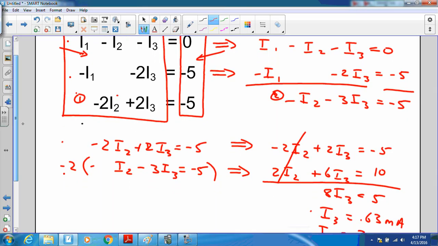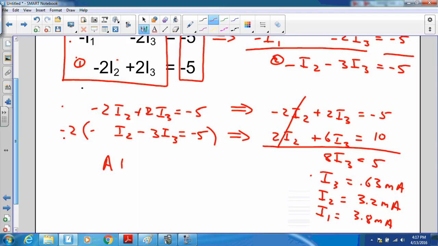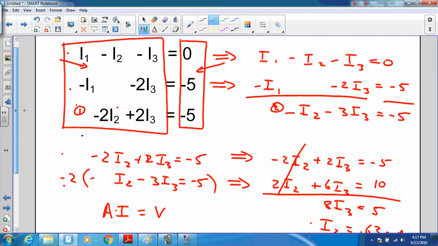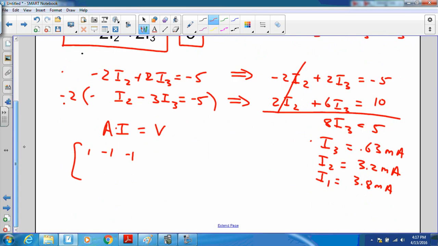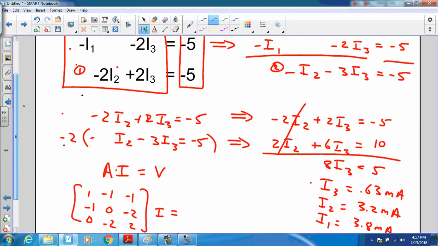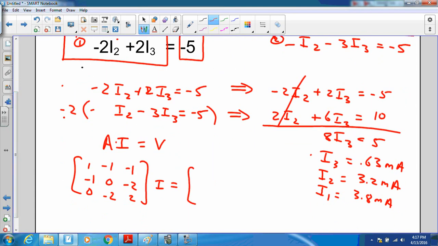And we represent this same equation as A times I is equal to V, where A is my matrix of coefficients. In this case, it would be 1, negative 1, negative 1, and negative 1, 0, negative 2, and 0, negative 2, positive 2, times I is equal to 0, negative 5, negative 5.